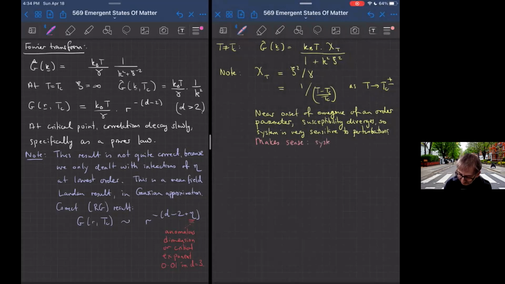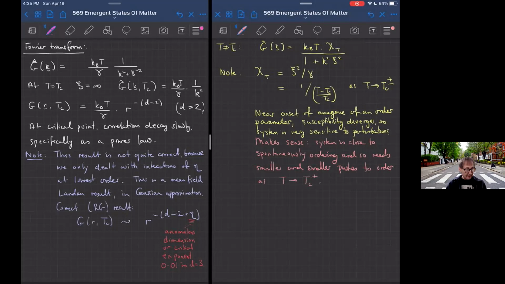So the system is close to spontaneously ordering, and so needs smaller and smaller pushes to order as the temperature gets closer to Tc from above. So that's the interpretation of it.